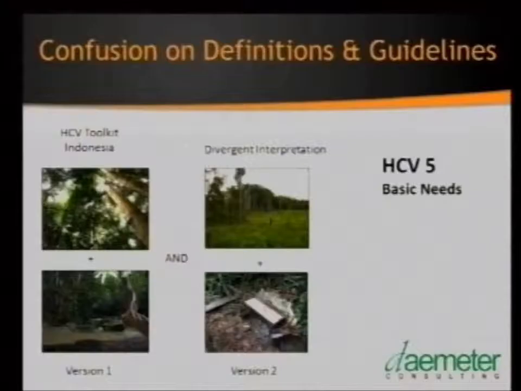This, in practice, is interpreted very differently by different assessors in Indonesia. In many cases, the definitions are expanded to include actively managed agricultural areas as well as rubber plantations in recognition of the importance of these areas for livelihoods, and a concern that if they are not identified as HCV, well, then there's a very high risk that they might be converted without adequate coordination with communities.